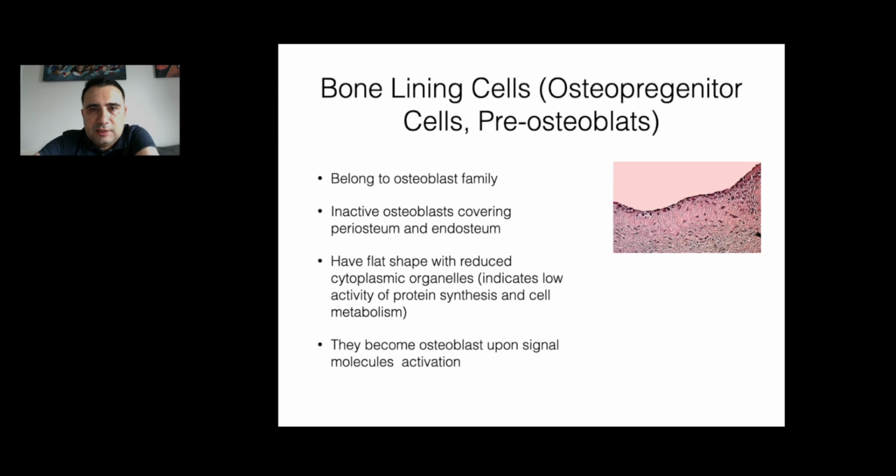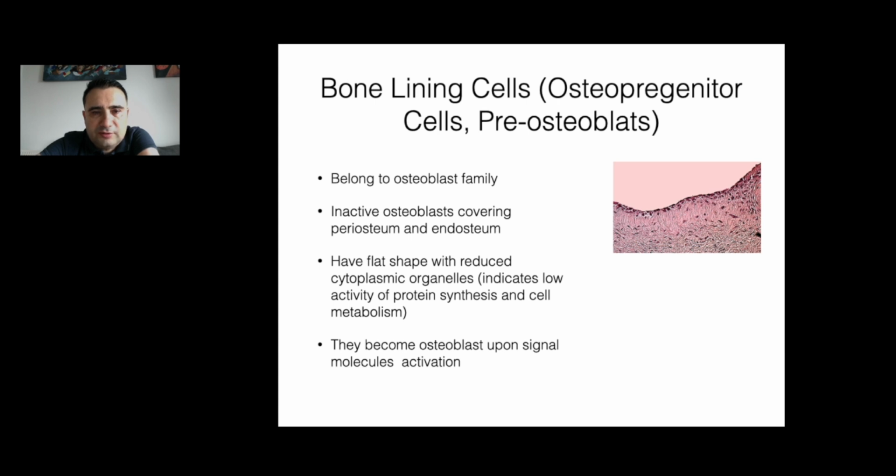Bone lining cells, also called osteoprogenitor cells or pre-osteoblasts, belong to the osteoblast family. They are inactive osteoblasts, and they cover the periosteum and endosteum, the outer and inner parts of bone.